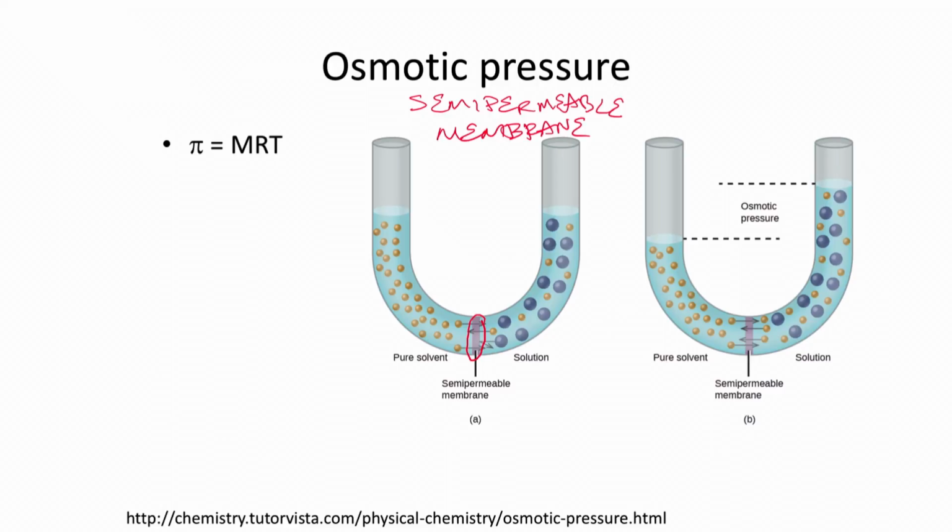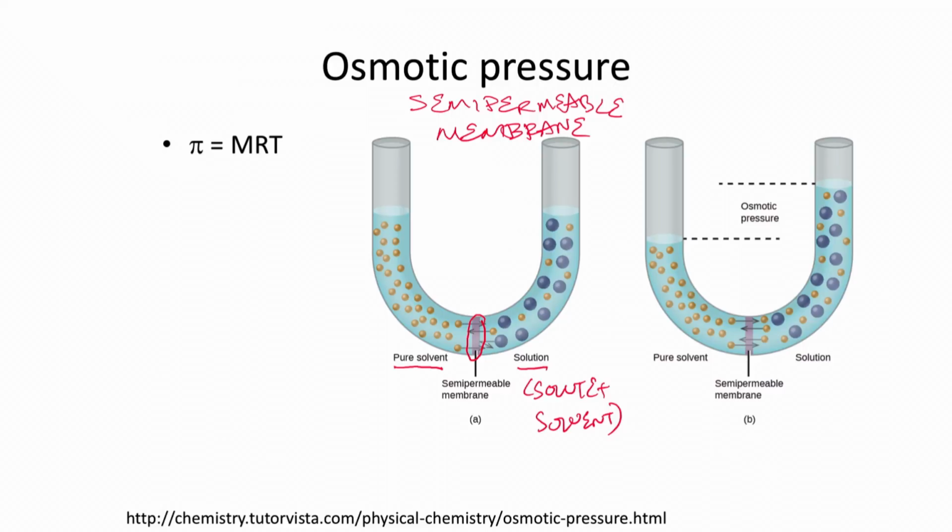On one side, I'm going to have just pure solvent, maybe water molecules. On the other side, I'm going to have a solution, so this is solute and solvent. This semipermeable membrane separates the two sides from each other.